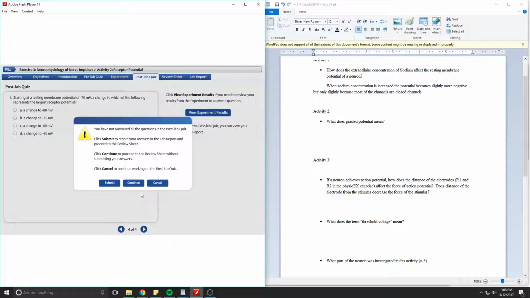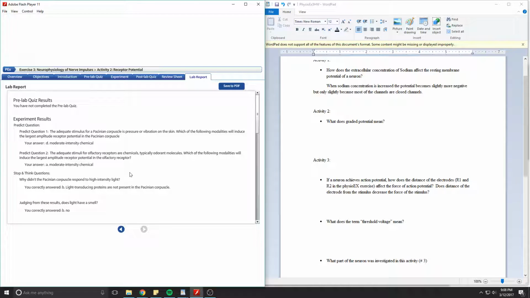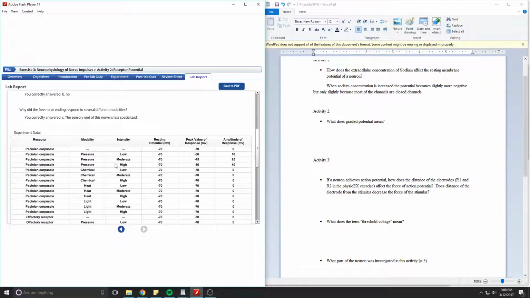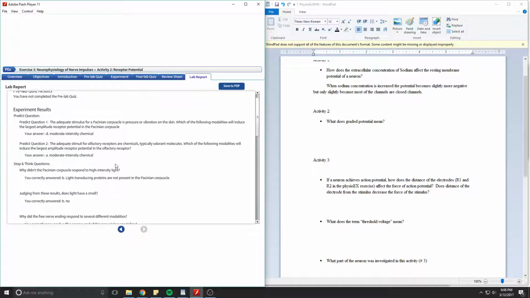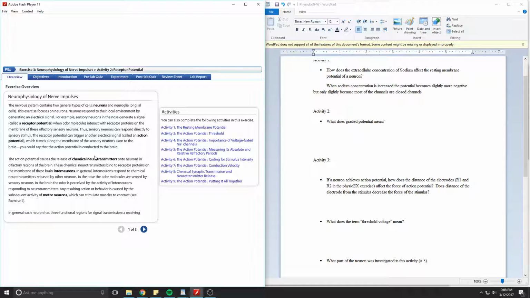I have no idea. Okay, well, let's look at the overview and see if we can find what it says. Graded potential. Man, it doesn't say anything. Here, I'm going to ask the group chat really quick and see what they got for it.